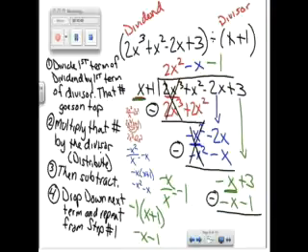Then we subtract. Our negative x's cancel. Because negative x minus a negative x is really negative x plus x. And then the last part of this, 3 minus negative 1 is really 4.